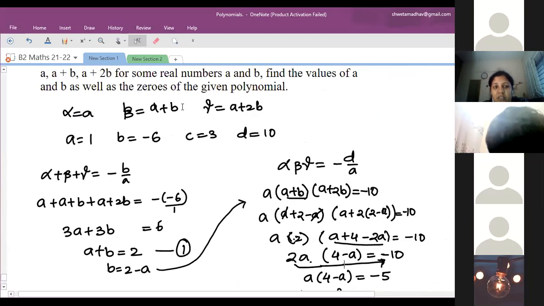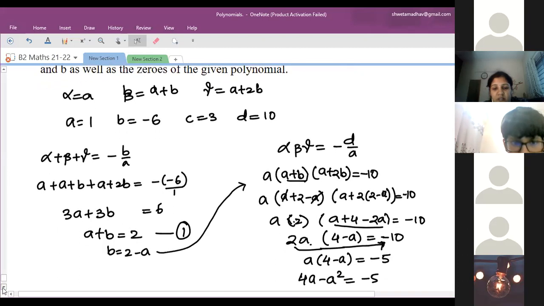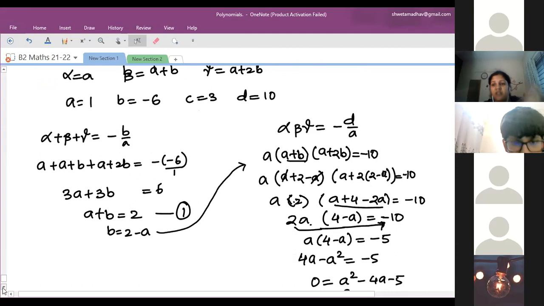Alpha is A, beta is A plus B, and gamma is A plus 2B. Ma'am, but then we'll have more than 3 values, right? If A is 5, then one set, and if A is minus 1, then another set. But both the sets are same, only in reverse order. That's it.